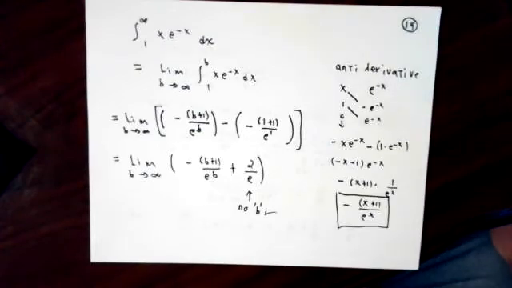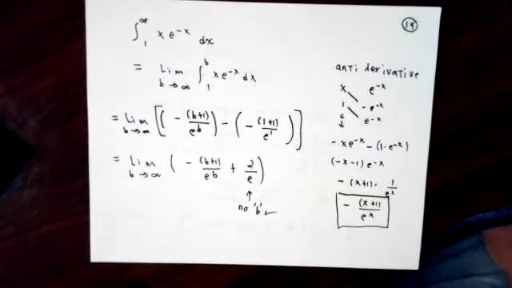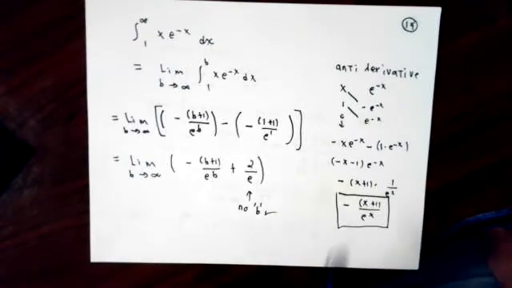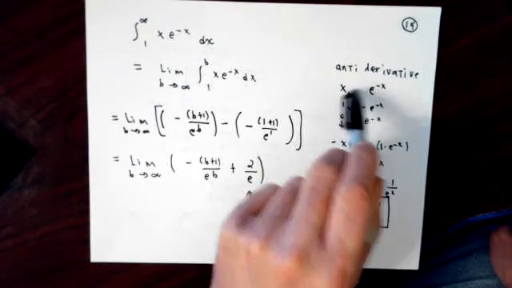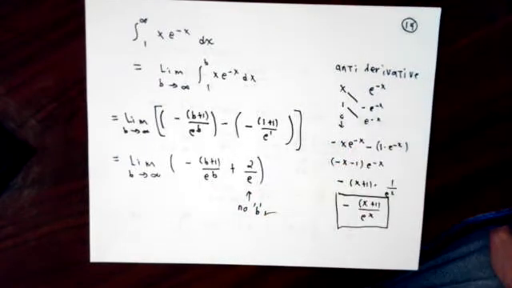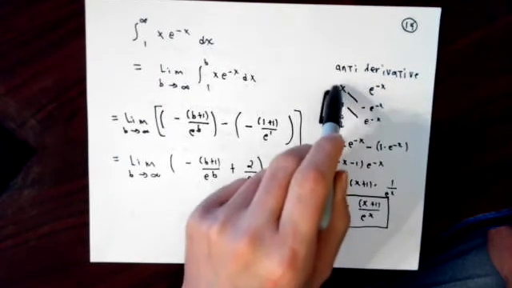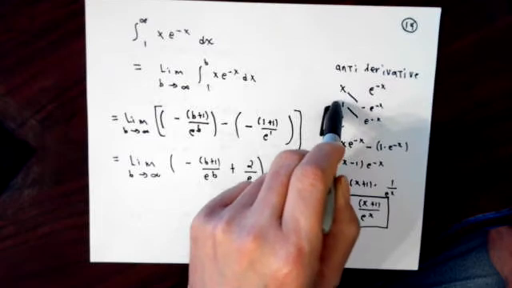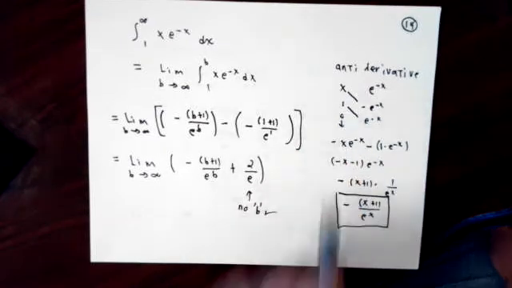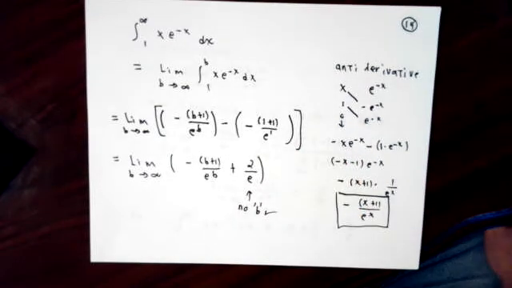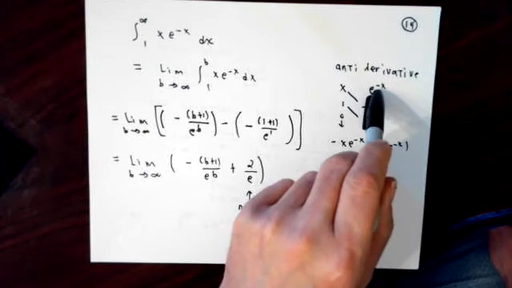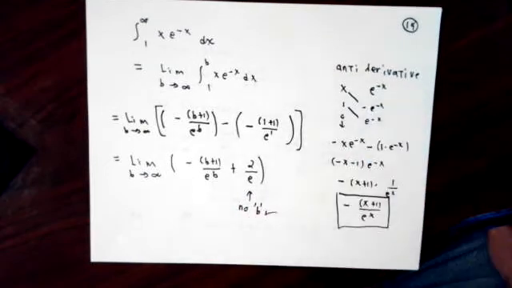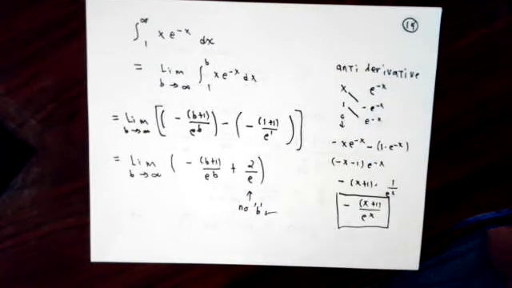If you look at x e to the minus x, obviously you could do integration by parts on it, and I'm going to be really lazy and do the tabular method. So I'll write the x first and the e to the minus x second. Derivative of x is 1, derivative of 1 is 0, and they're all 0 after that. Integrate e to the minus x, and you get the negative of e to the minus x.